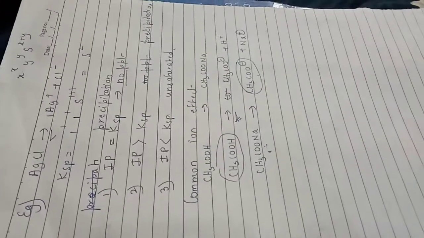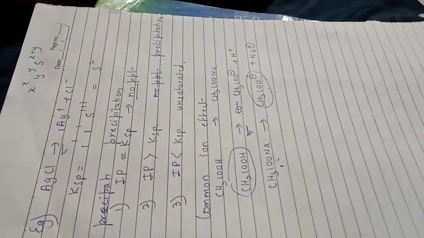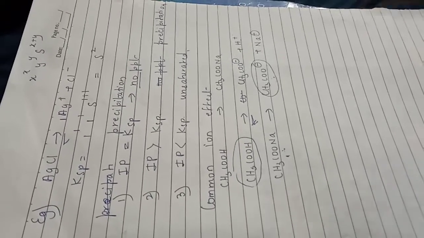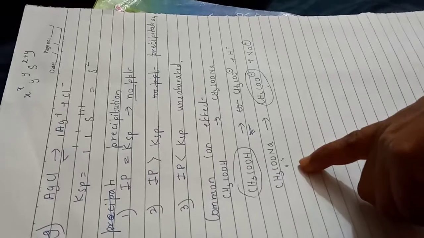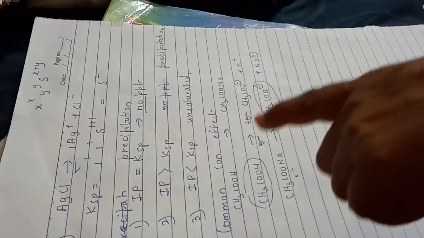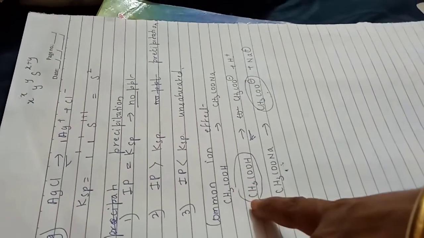This is called the common ion effect. The common ion effect is a process where the ionization of a weak electrolyte is suppressed by a strong electrolyte whose ions are in common with it. I'll repeat. Here, who is the weak electrolyte?